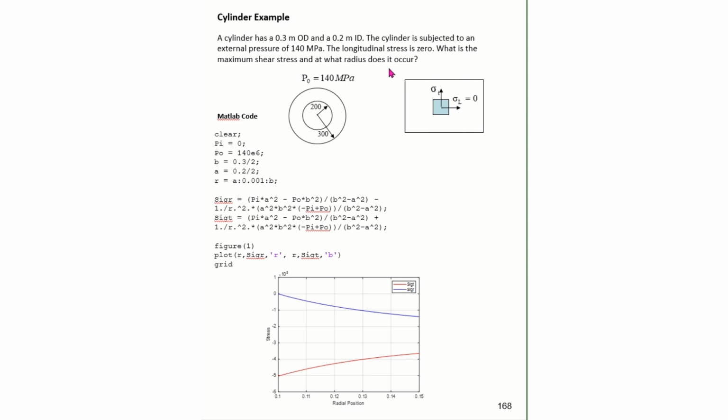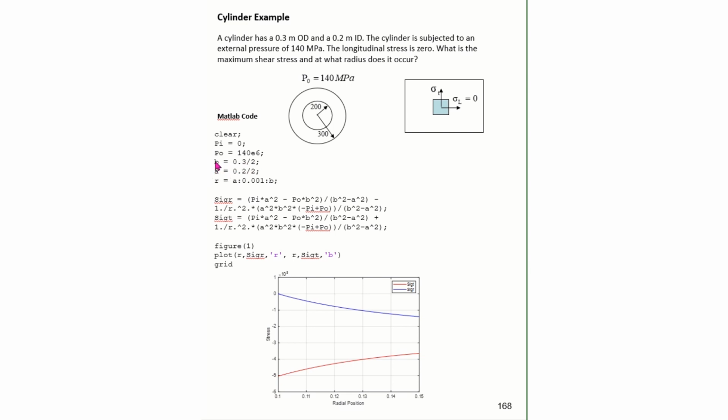So what I have done is I have written MATLAB code where I first clear all other terms. I define PI as the internal pressure, and it's 0. PO I've defined as 140e6.